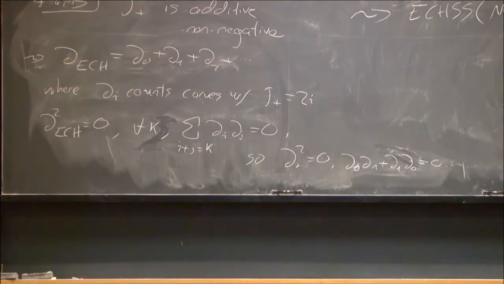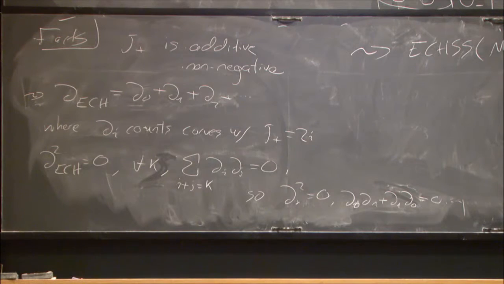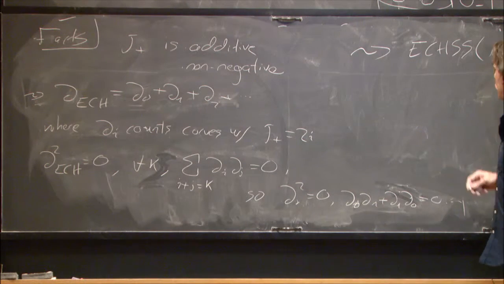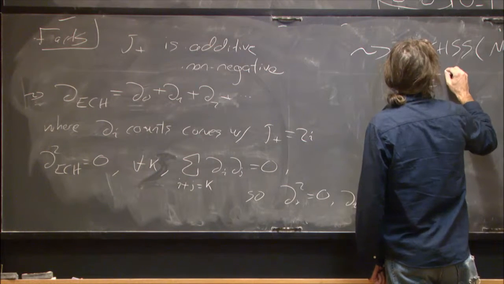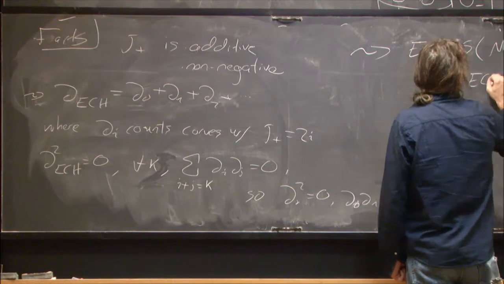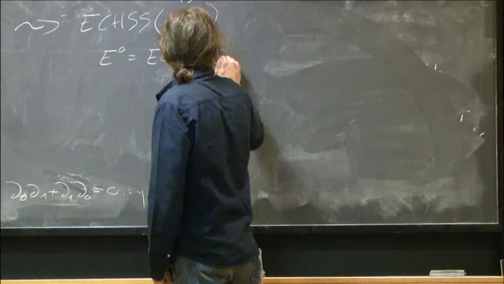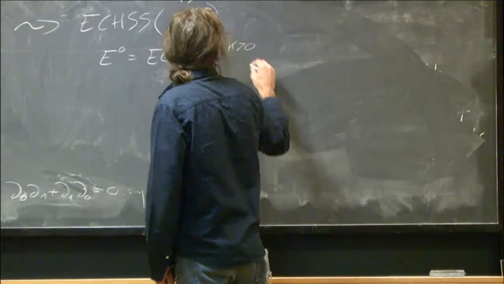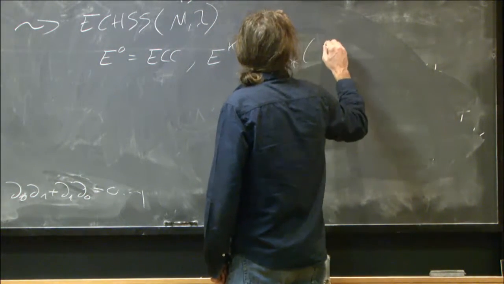And there's a choice of an almost complex structure in there as well, but it turns out not to depend on that. And so what is this? Well, roughly, you can say that the 0 page is just the chain complex. And then for additional pages, E^k for k greater than 0, this is just the homology of the previous page.